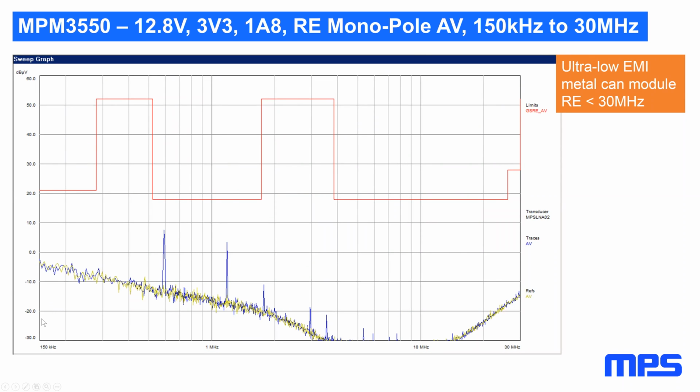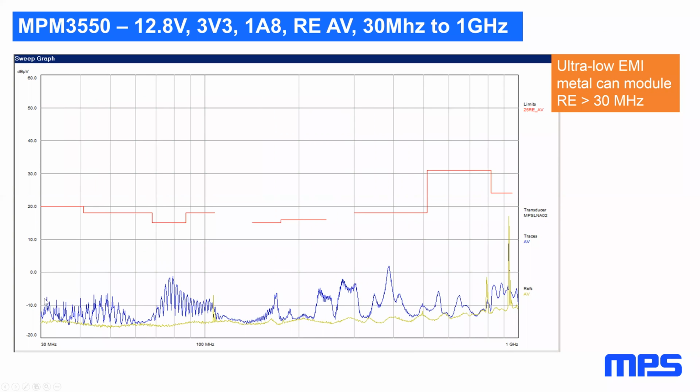Radiated emission in the low frequency range, we now see almost nothing. And here that's 0 dB microvolt, so that's a special setup. Typically, if you are in an EMI chamber, your noise floor will be somewhere here, so you would see nothing. Even in the high frequency range, radiated emission 30 megahertz to 1 gigahertz, you don't see any signal. The blue one is what I measure.